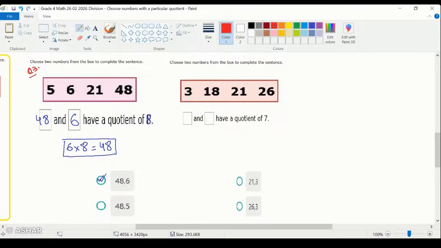This would be question number 4, option A, option B. Perfect. When 21 is divided by 3, that means 3 multiplied by 7 will give us 21. Okay, thank you so much.